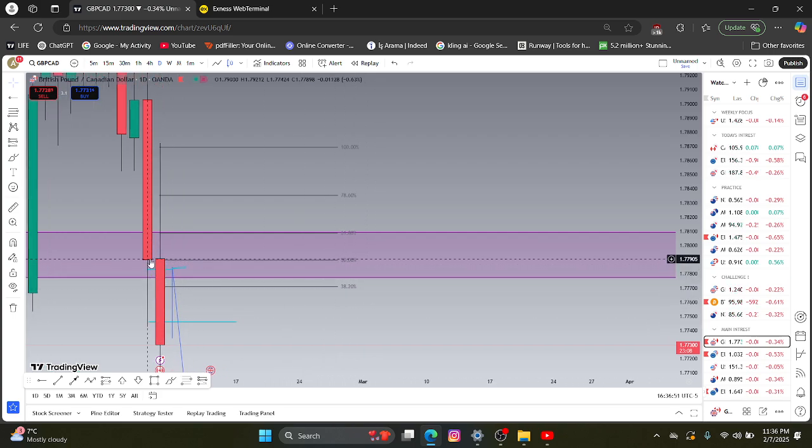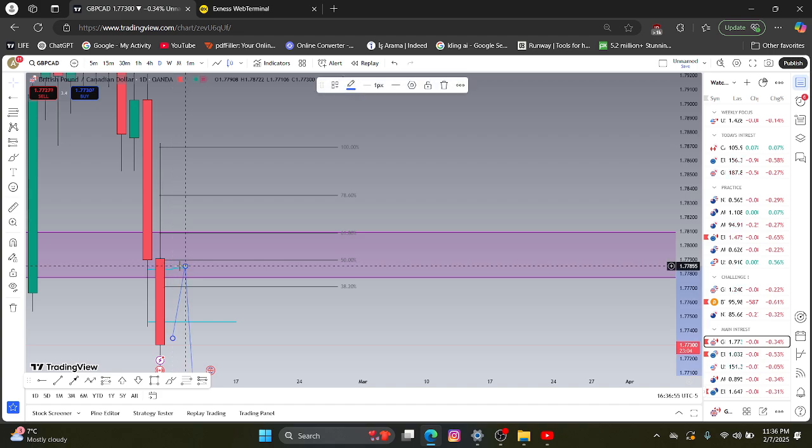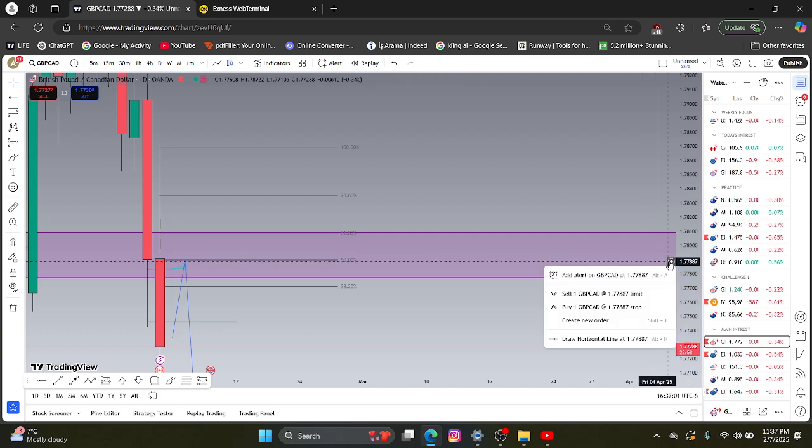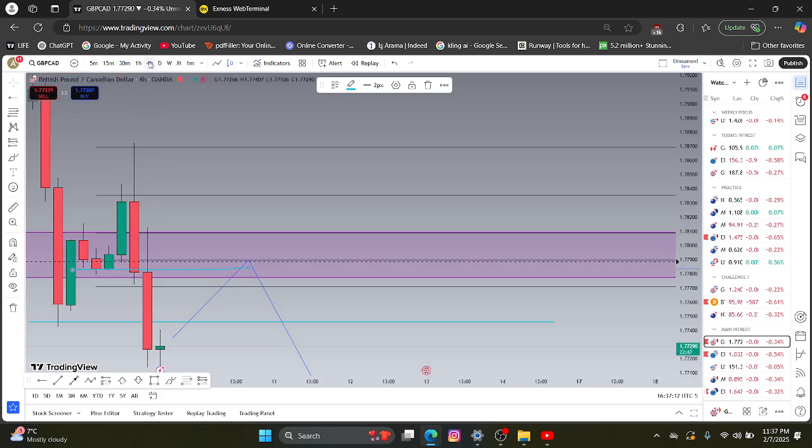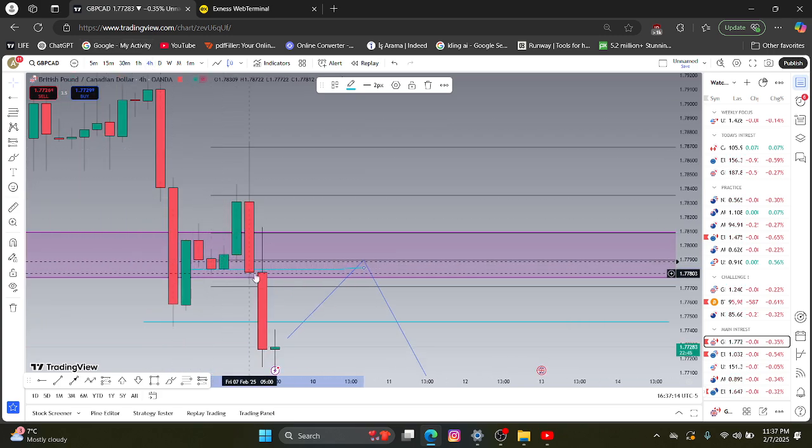Yeah, this is where the other candle closed from. No, this is better. That makes much sense for us. That's in the 4-hour time frame. Yeah, that makes a lot of sense.